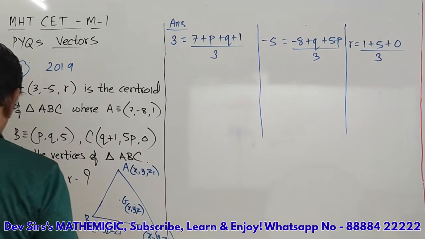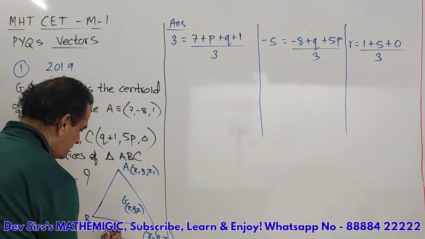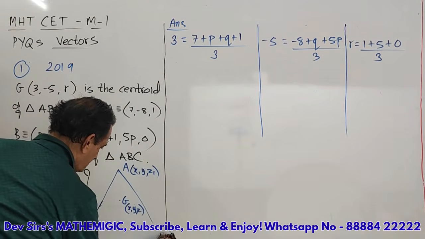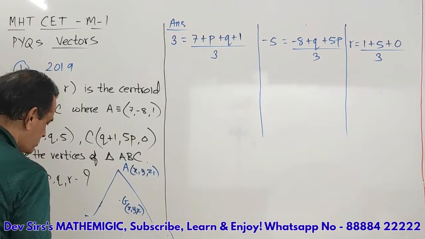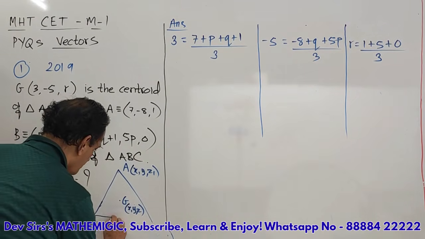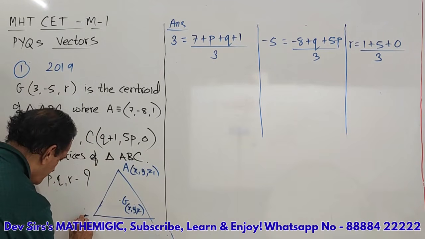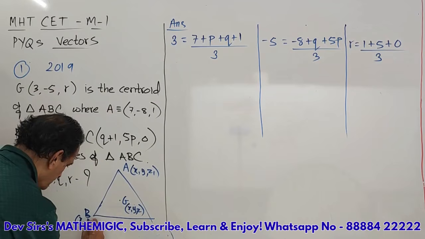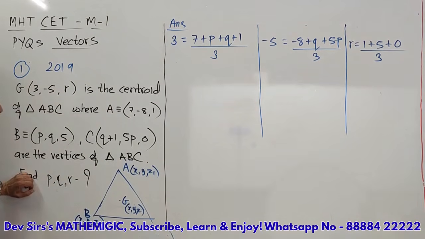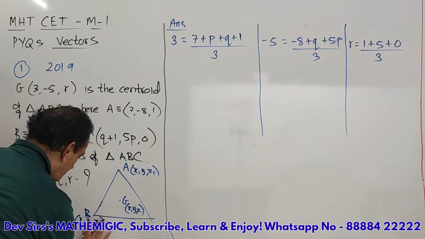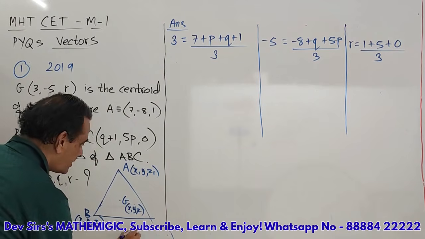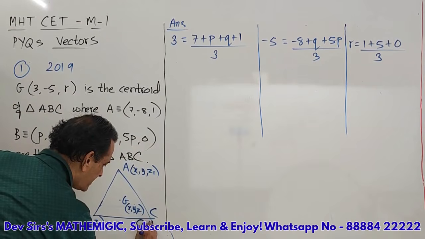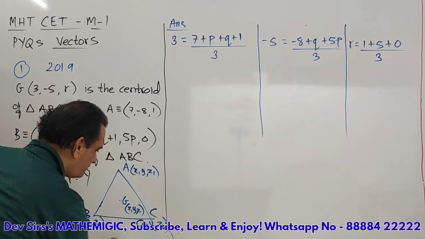Coordinates of B, X2, Y2, Z2. Coordinates of C, X3, Y3, Z3.